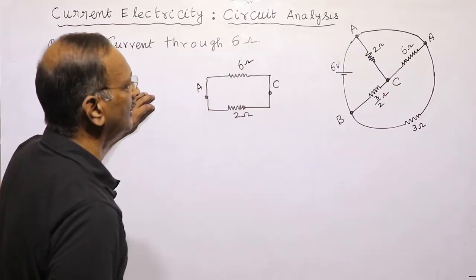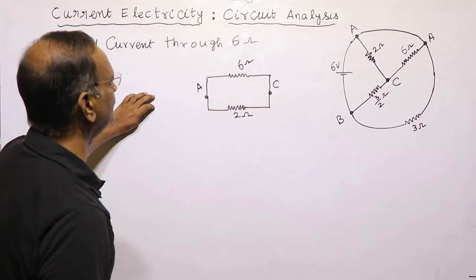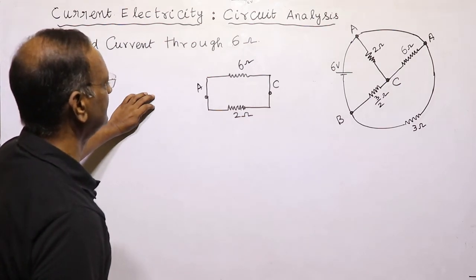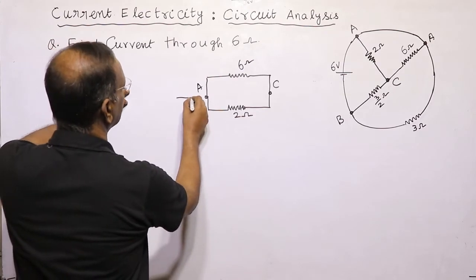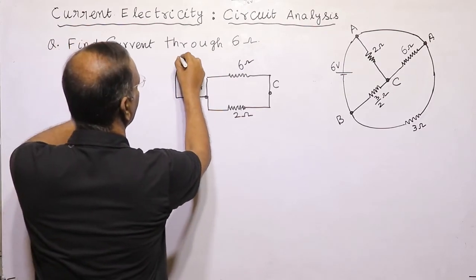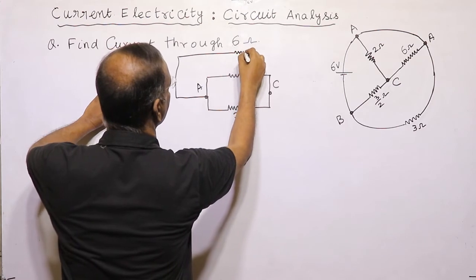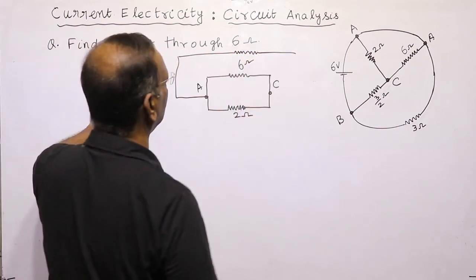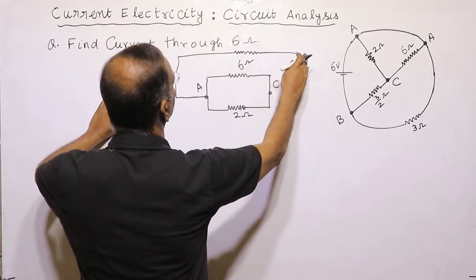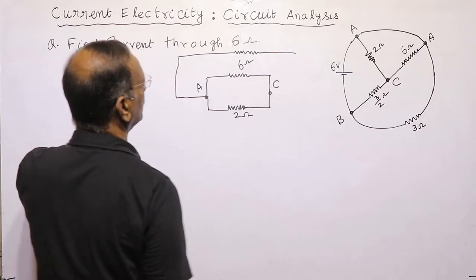Right. Now between A and B, there is 3 ohm resistance. See, this is point B. Okay.